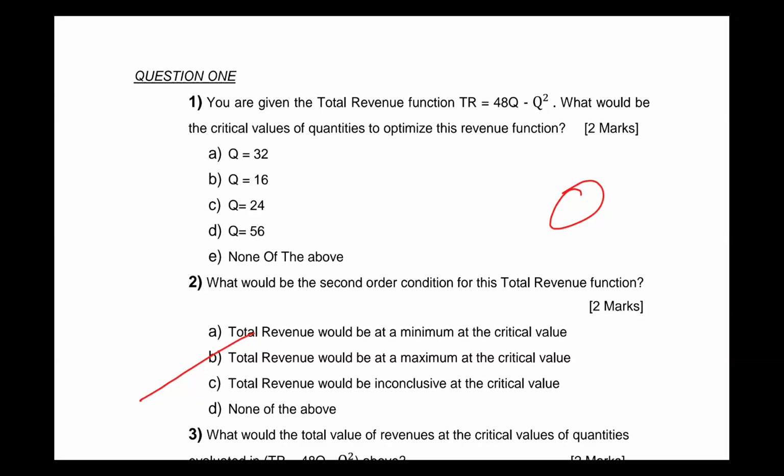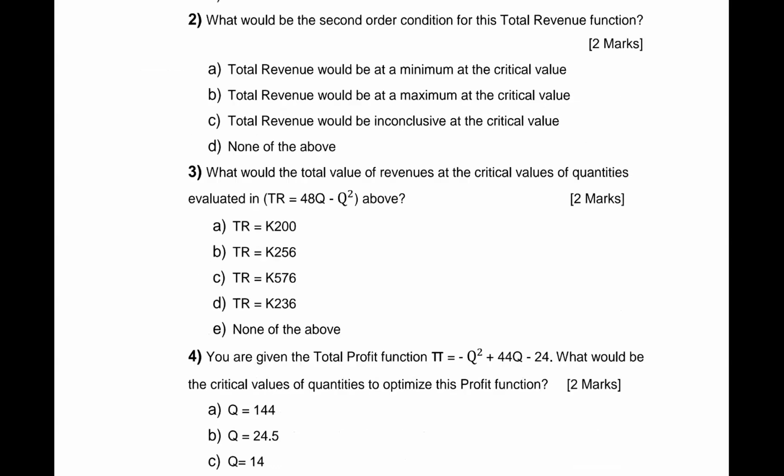Let's go ahead now and look at question number 3. What is it saying? Question 3 says, what would be the total value of revenue at the critical values of quantity, evaluated in total revenue equal to 48Q minus Q squared?